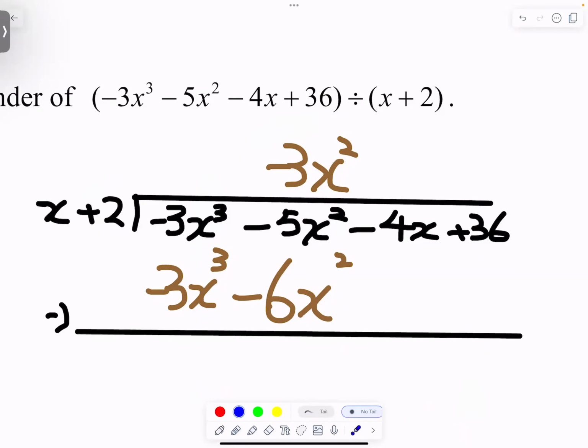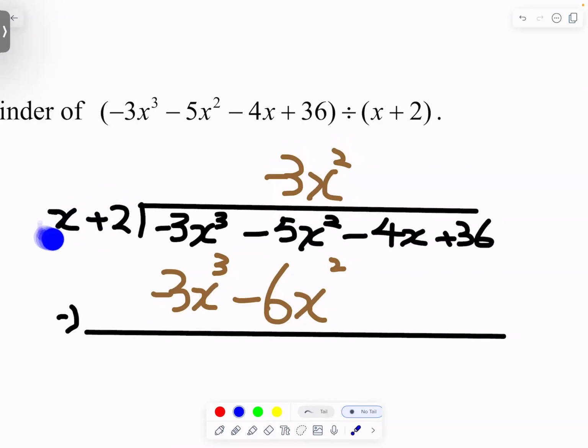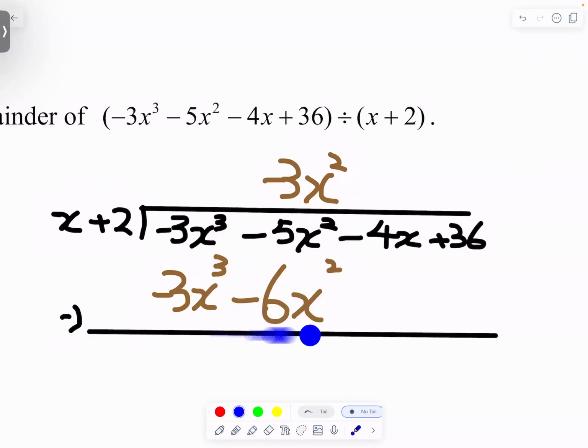Miss, how did we get negative 6? Because do you get this part? Yeah. Okay, then we can't leave this 2 alone. So 2 times negative 3, negative 6, and then there's an x squared. Okay. And then after both of them are done, you draw the line.